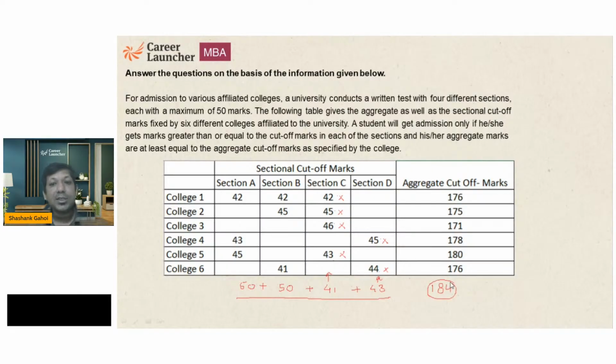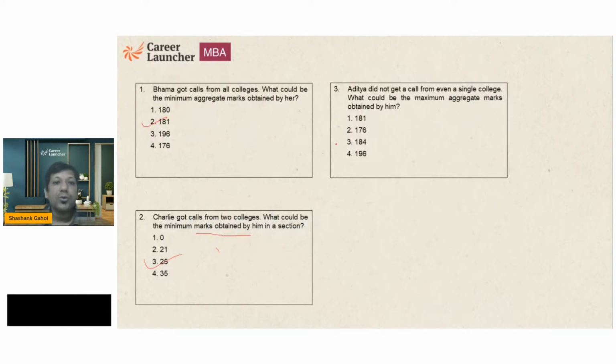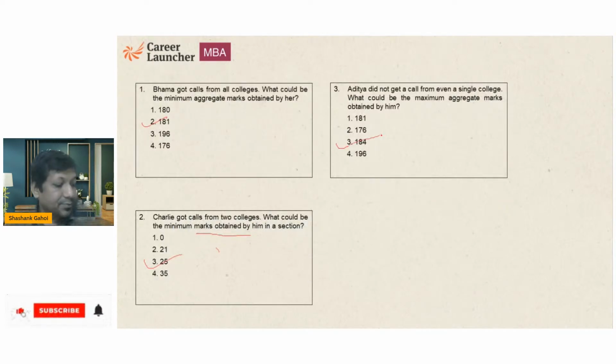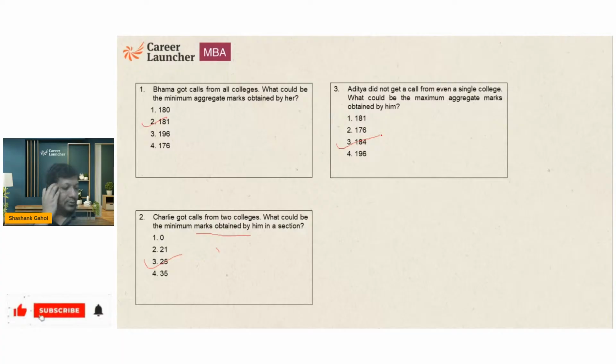So that's the reason Aditya can get a score of 184, even then Aditya cannot secure any single call. I hope it is clear. Yes, no? ठीक। So basically we got 181, we got 25, we got 184, everything right.